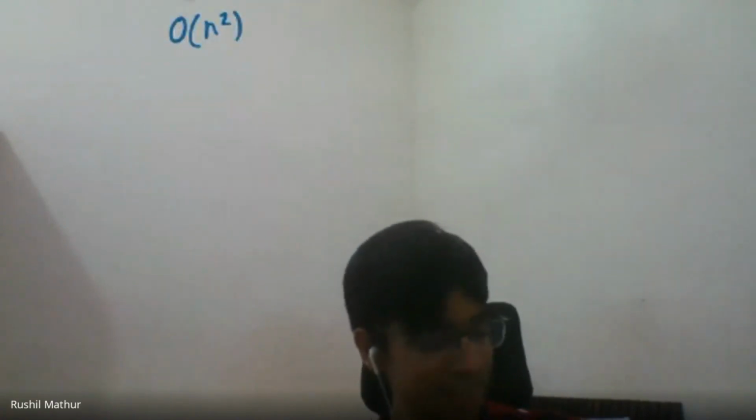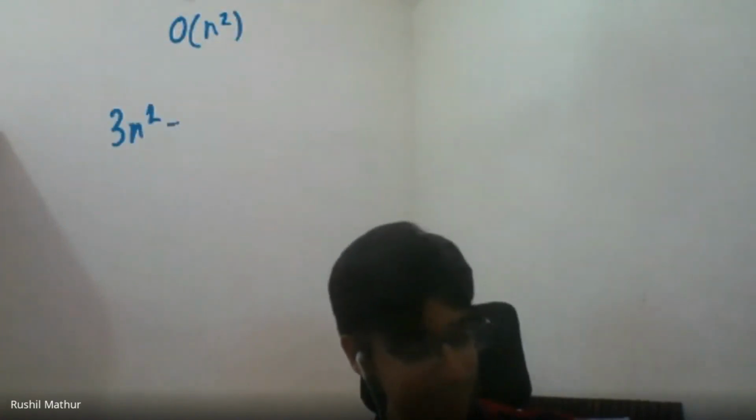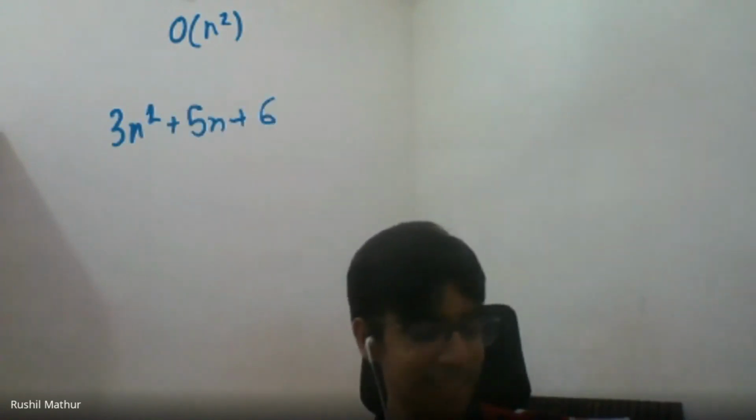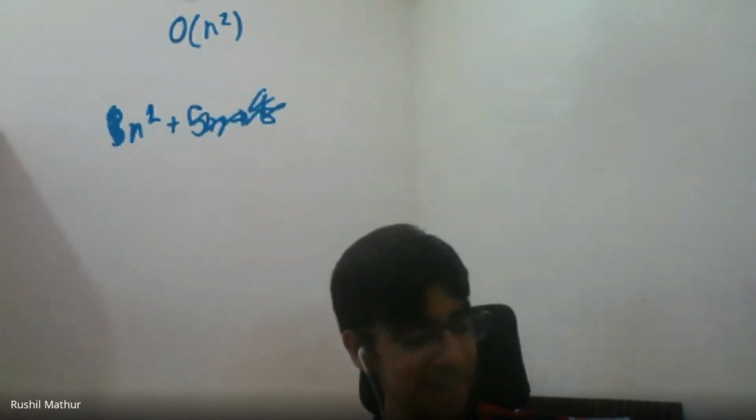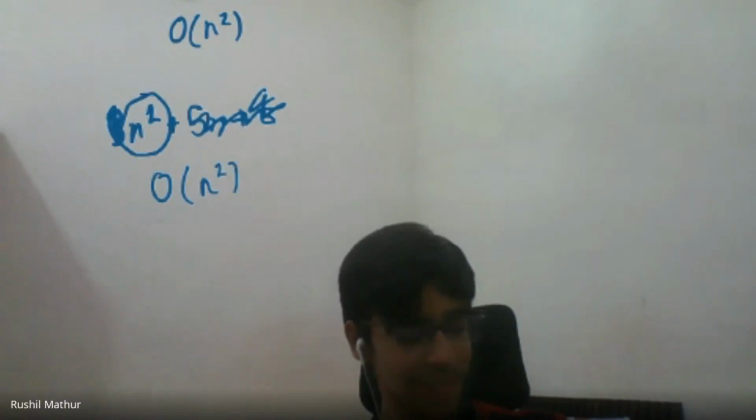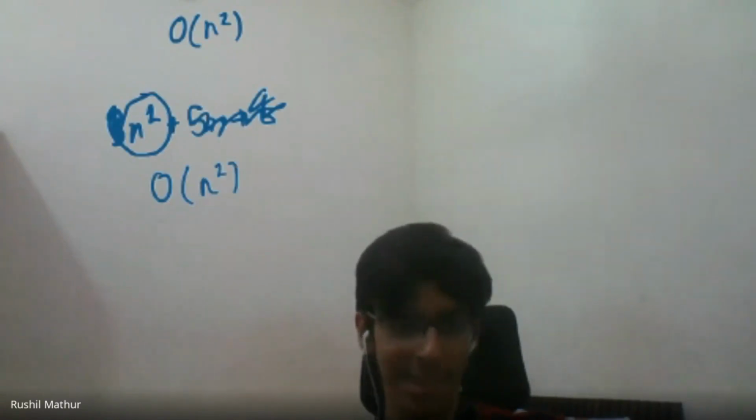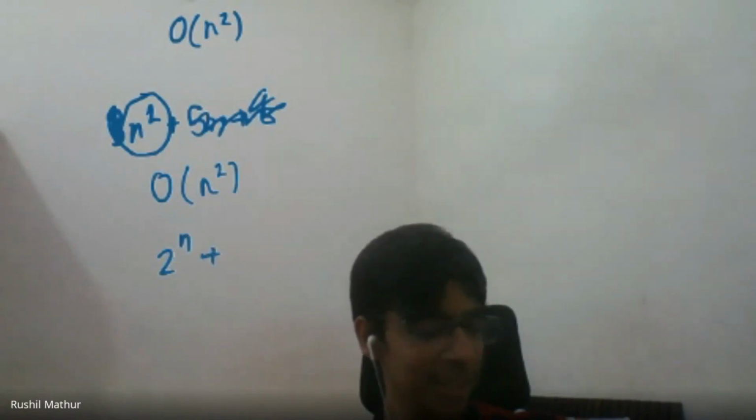Basically, big O notation is like if you have 3n square plus 5n plus 6. As n becomes larger and larger, these things become irrelevant. This 3 also becomes sort of irrelevant. The only thing that matters is this n square. So we call this 3n square plus 5n plus 6 just big O of n square. In the same way, if you had 2 to the n plus n, this n is irrelevant in front of this 2 to the n.